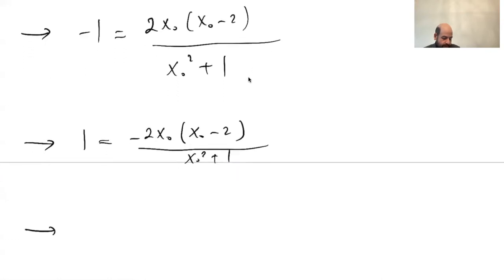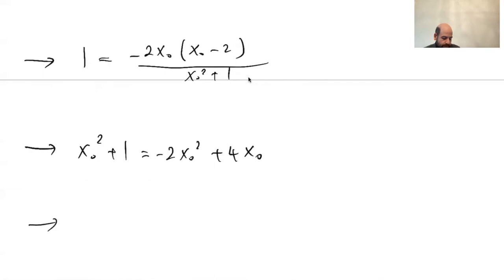So if I cross multiply, x0 squared plus 1 equals minus 2x0 squared plus 4x0. So take everything to one side. And then I'll get 3x0 squared minus 4x0 plus 1 equals 0.